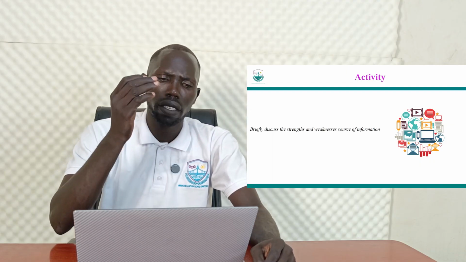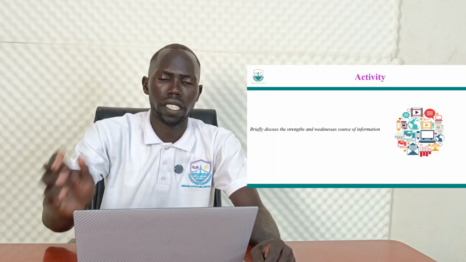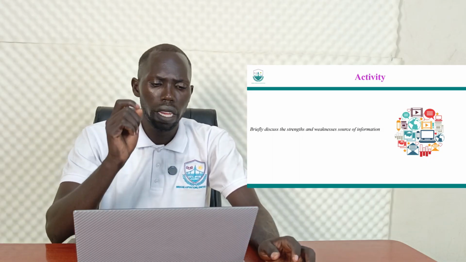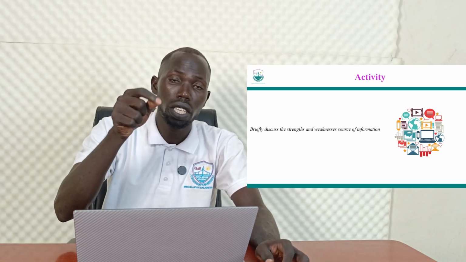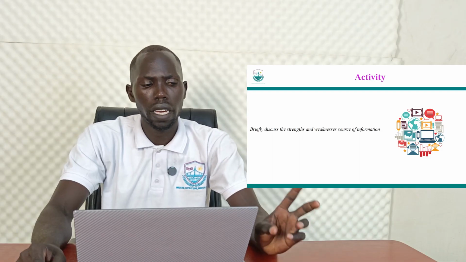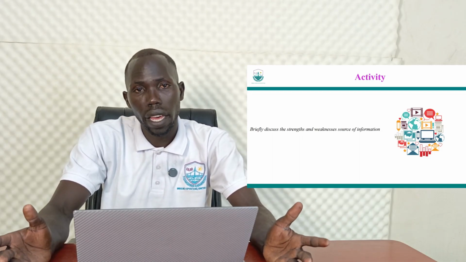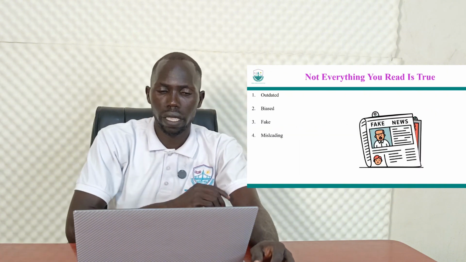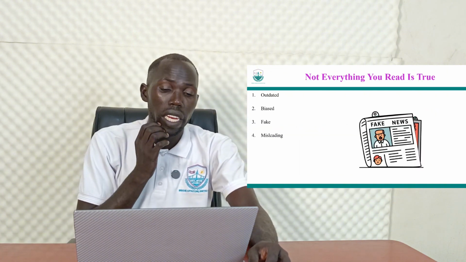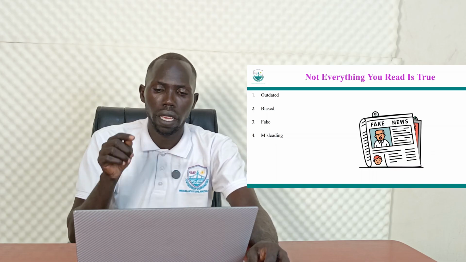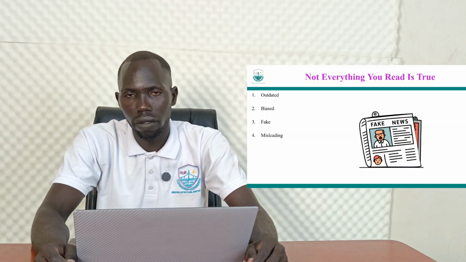What are the strengths and weaknesses of such sources of information, whether the media, whether books, whether people that we interview? That is an activity for you, and the response should be in the comment section of this video.